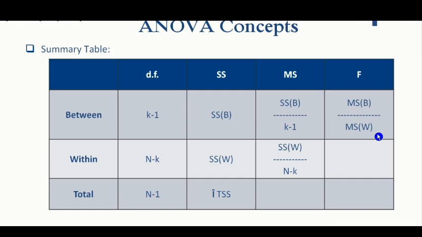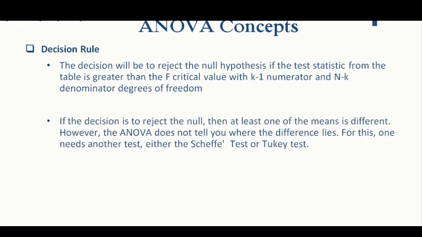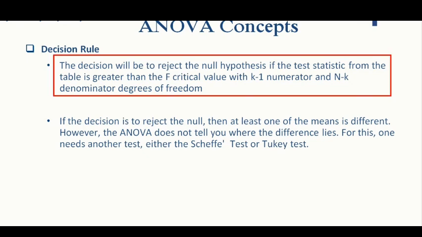Or we will compute the p value and compare it with the level of significance alpha. The decision will be to reject the null hypothesis if the test statistic from the table is greater than the F critical value with k minus 1 and n minus k degrees of freedom.